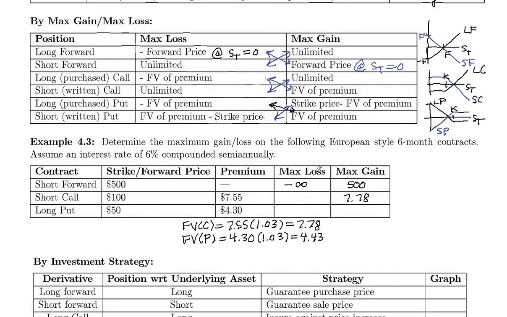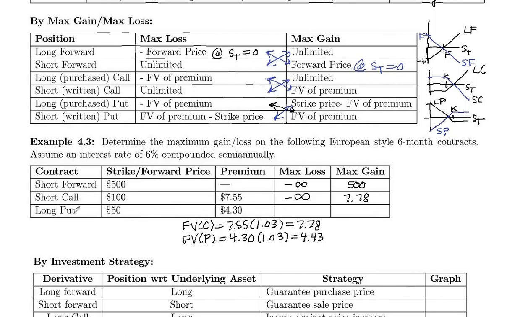But our maximum loss, for a short call, if the market price of the asset keeps increasing, then we're giving someone else the right to buy for a fixed price. So we're going to have to buy the asset at market in order to sell it to them at that fixed price, unless we already own the asset. In that case, we're giving up profit that we could have had. So our potential loss here is going to be minus infinity.